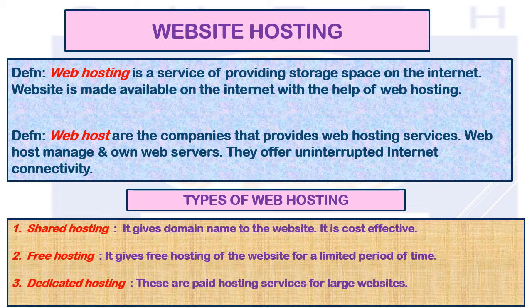For example, if I want to display my website on commercial sites, it is .com, Indian sites .in, education sites .edu. These are called domain names. So they give me a domain name for my website, and it is cost effective, at a very low cost.